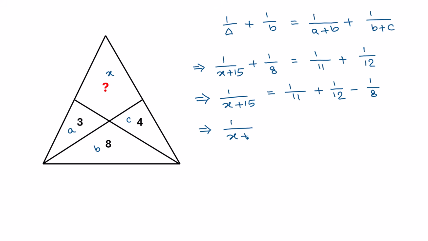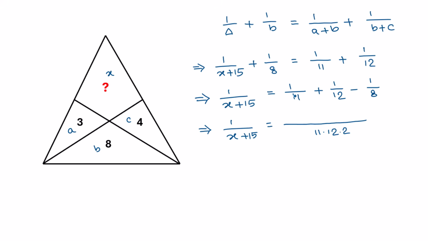So 1 over x plus 15 is equal to, here the LCM of 11, 12 and 8 is 11 times 12 times 2.